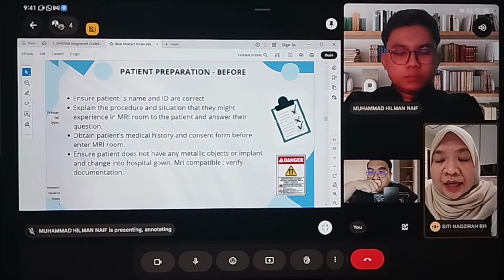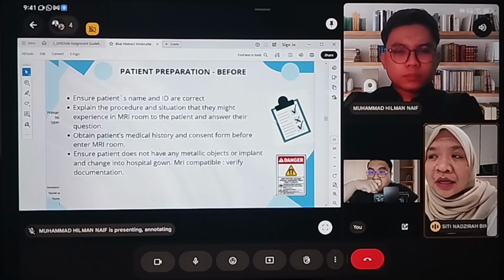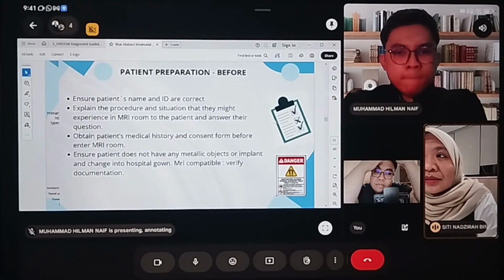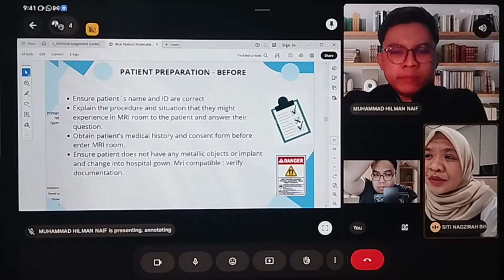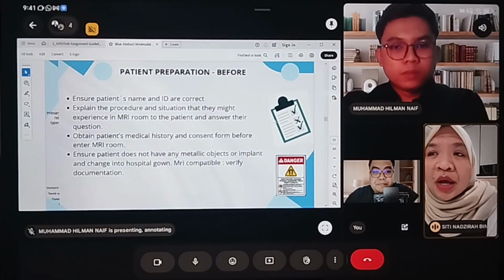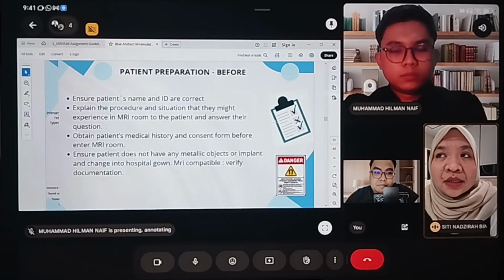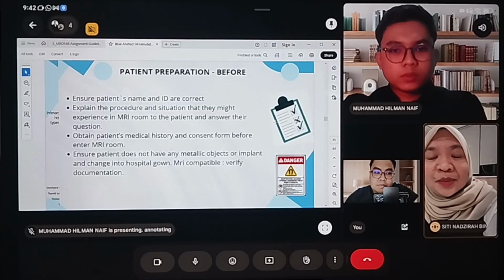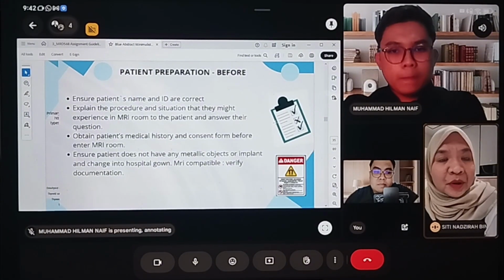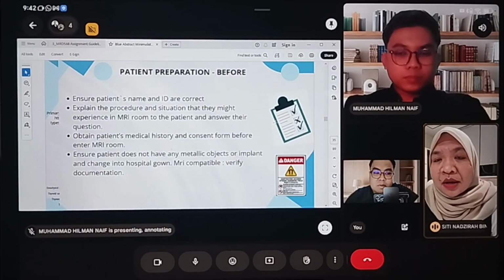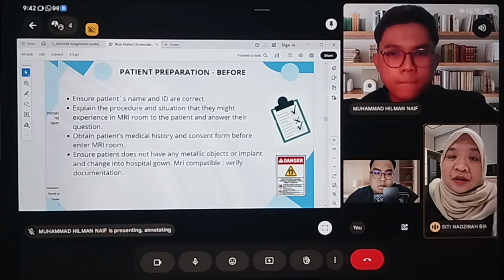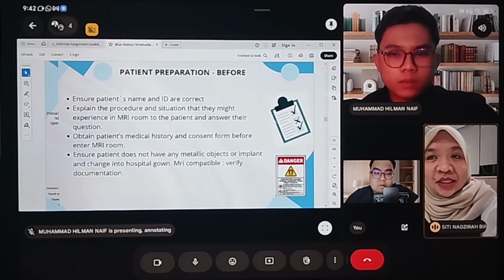Another one, I have reviewed the ACR guideline, right? There are some explanations about the preparation, and about MRI safety if the patient has an eGFR of more than 30.